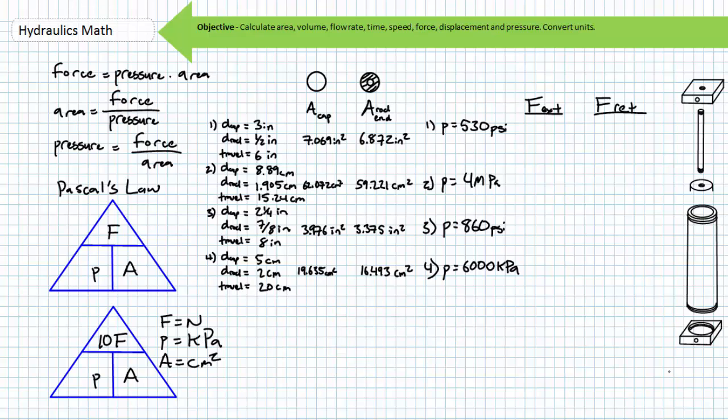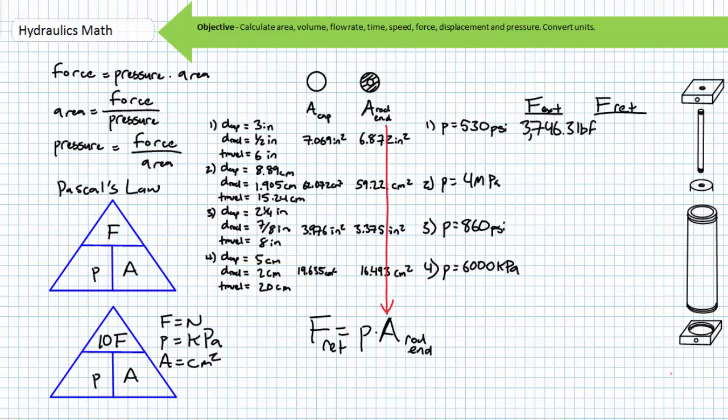Our first cylinder has a cap diameter of 3 inches and a ½ inch rod diameter with an input pressure of 530 psi. Extension force is governed by the area of the cap end. Substituting in the unrounded value of the cap end area, we find the force at extension is 3,746.3 pounds force.